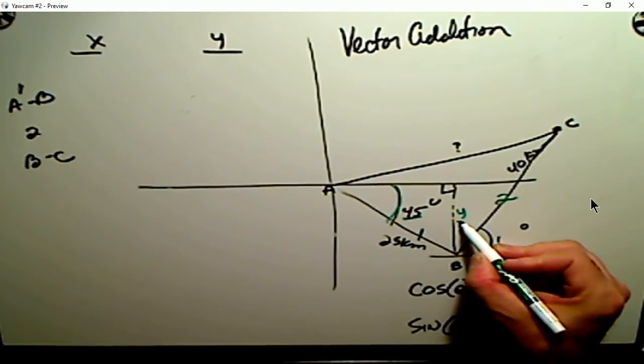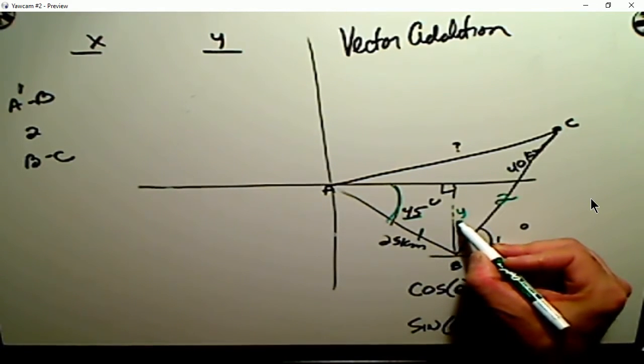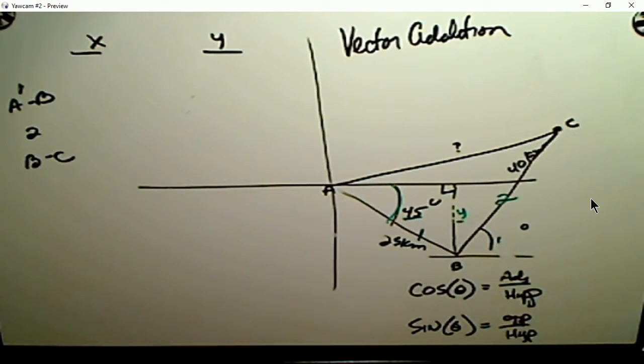It is negative. So in the y direction, we can rewrite this as saying hypotenuse times sine of angle. That is what's going to equal the opposite side.